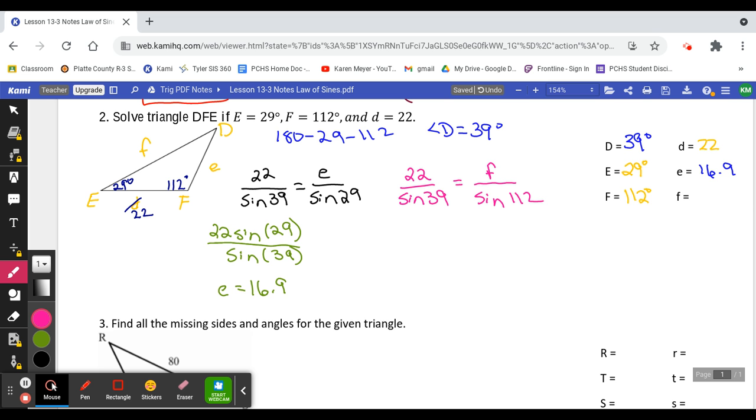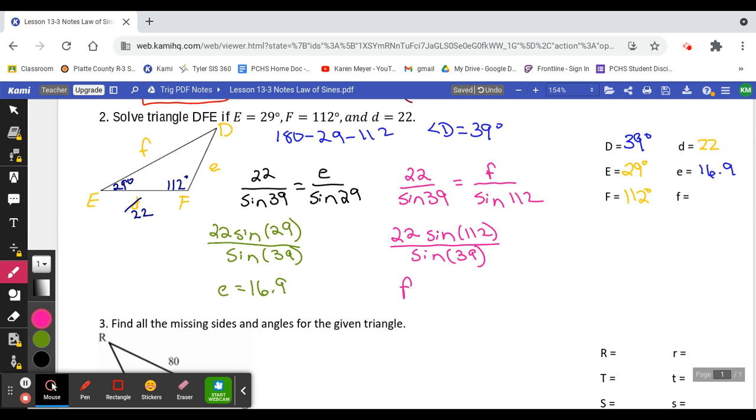Cross multiply. And remember to divide by what's across from your variable. So 22 sine of 112. And then we're going to divide by sine of 39. And remember, no inverse because we're trying to find a side, not an angle.